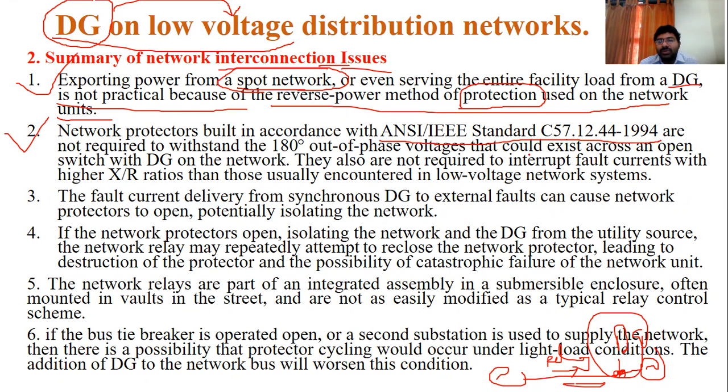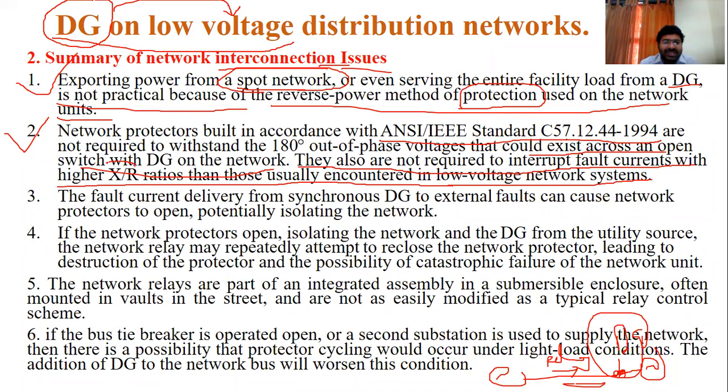This could not be allowed across an open switch DG onto the network. According to the standard, they are also not required to interrupt fault currents with higher X by R ratios than those usually encountered in the low voltage network system.